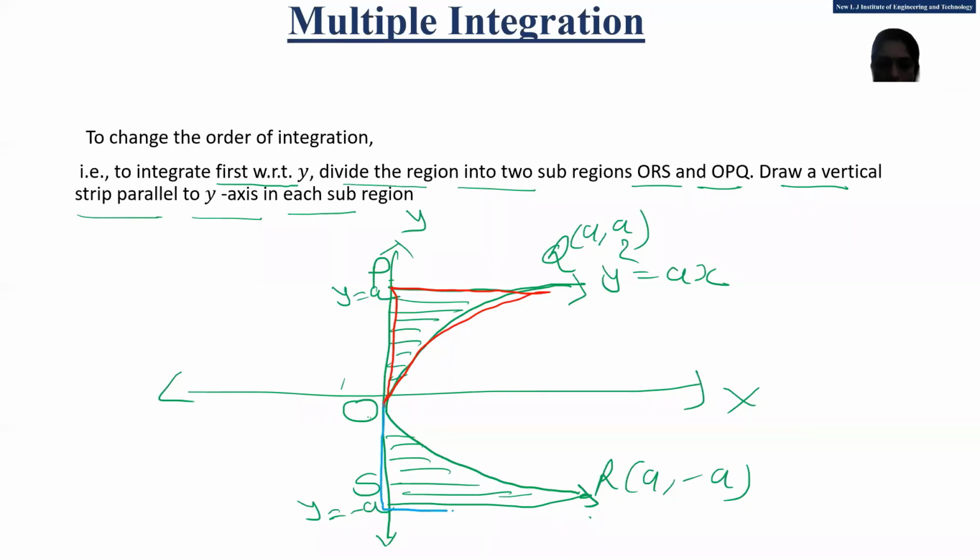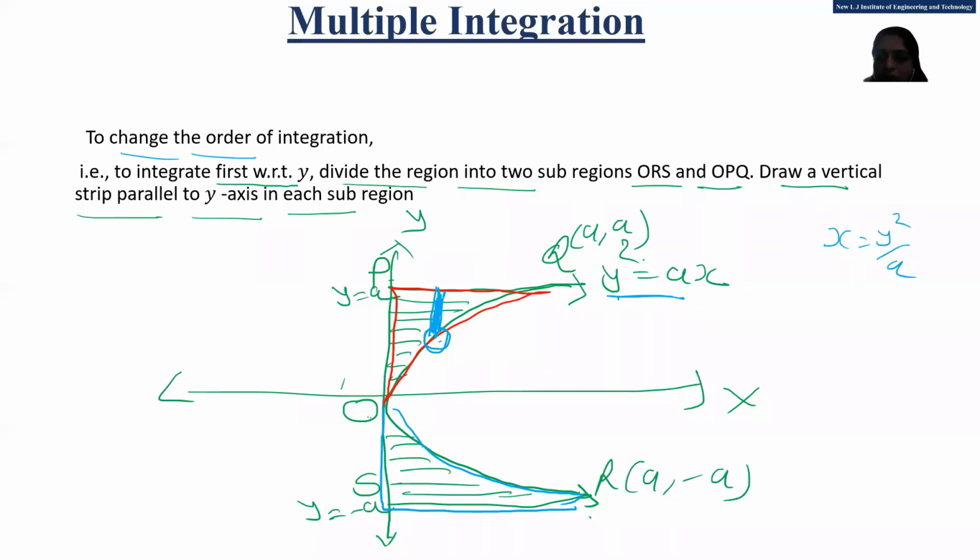Why? Because if I take a vertical strip, as per the change of the order of the integration, my bottom part is on this curve. Here my bottom part is y square is equal to ax, x is equal to y square by a.